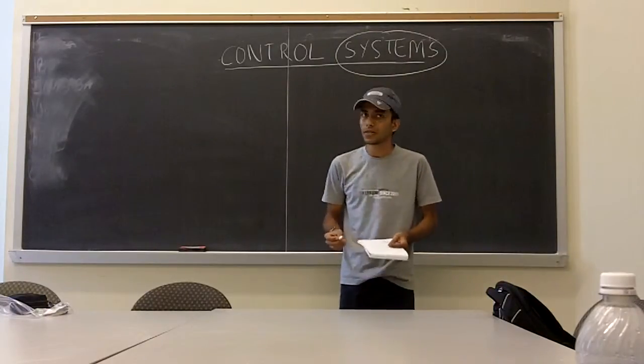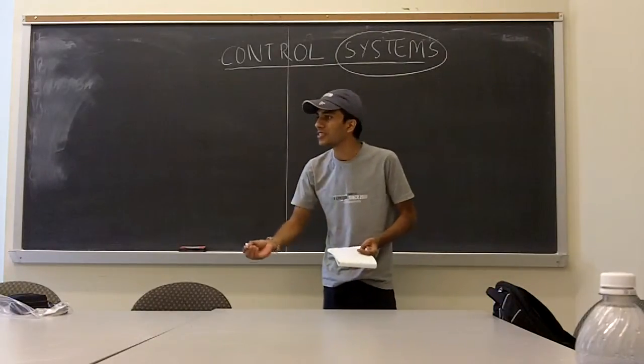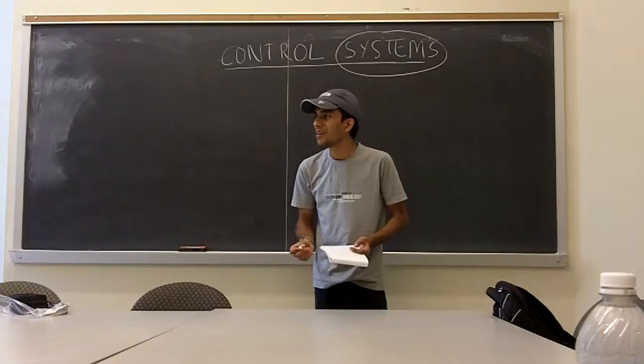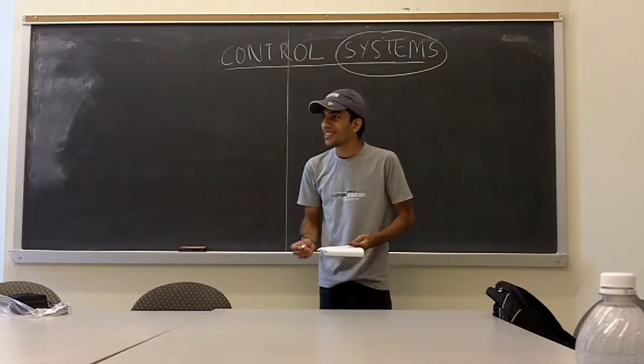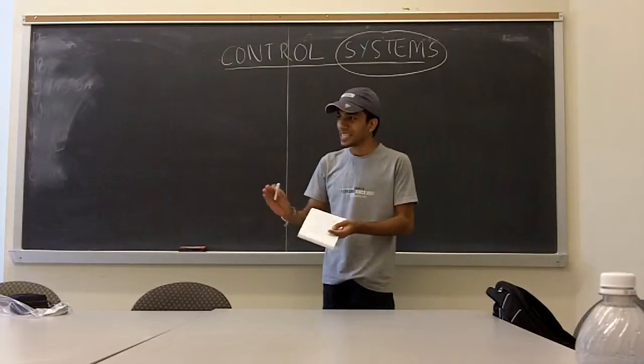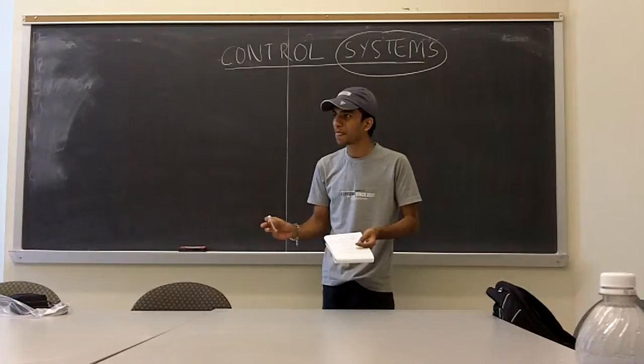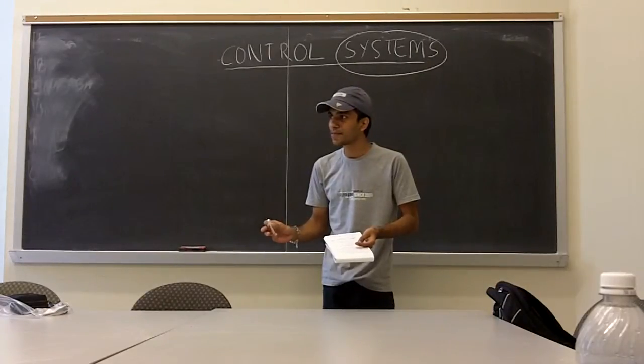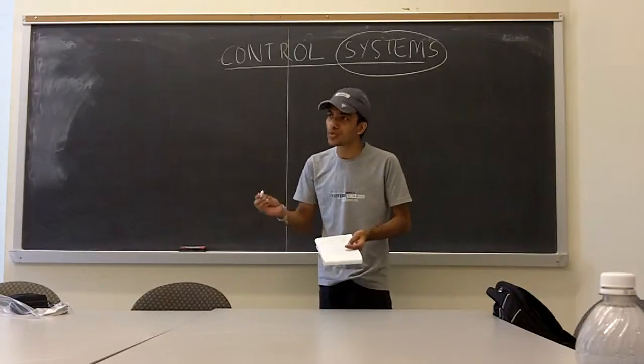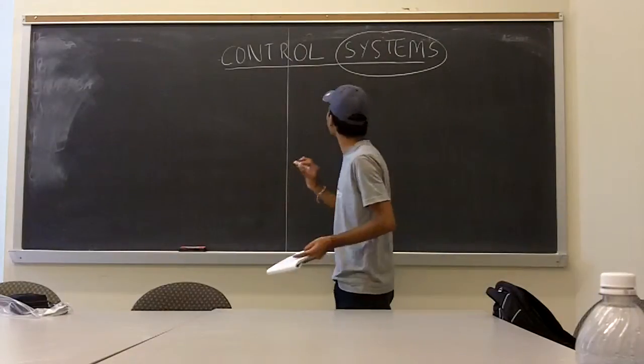Regulates a variable, more or less correct. BJ. I know it, but it's hard to explain. Okay, it's not easy. Any hint? A system which controls some values. Controls some values. You both are very correct.